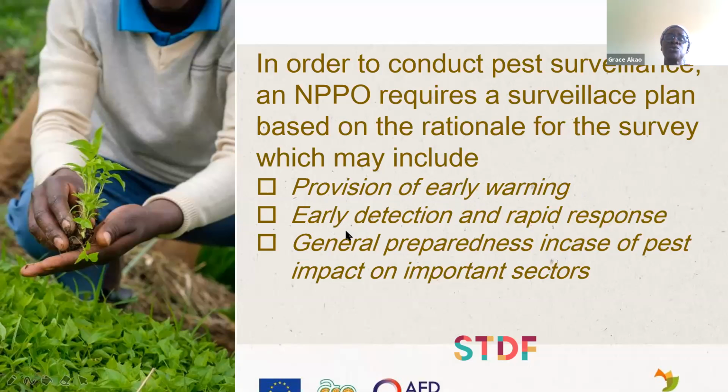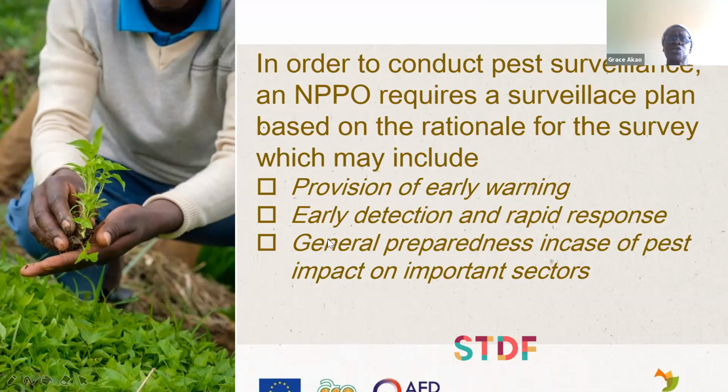You might also want to do an early detection and rapid response. Like, for example, if a new pest came in, it is trying to establish, but you want to do surveillance to detect where it is so that it is contained. And then you take action, you plan very fast and act rapidly.